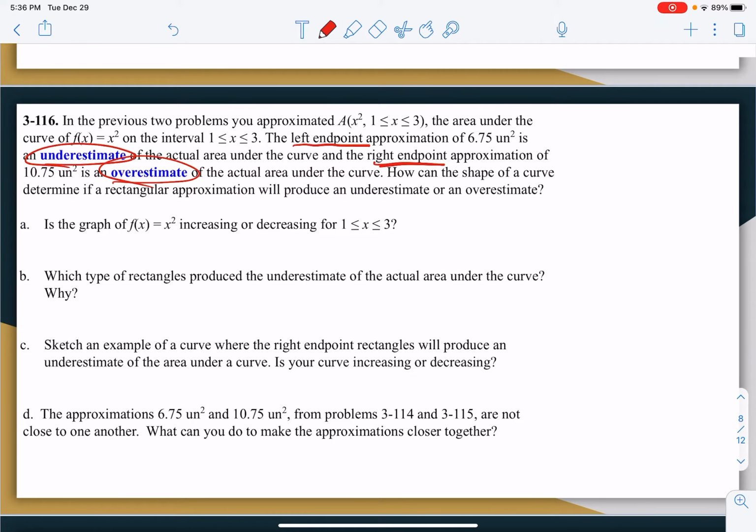Or we can determine if we have an underestimate or an overestimate based on the shape of the curve. So looking at the graph of x squared over this interval, it is an increasing function. It looked like that.